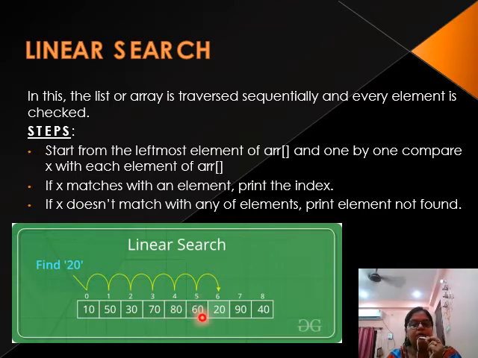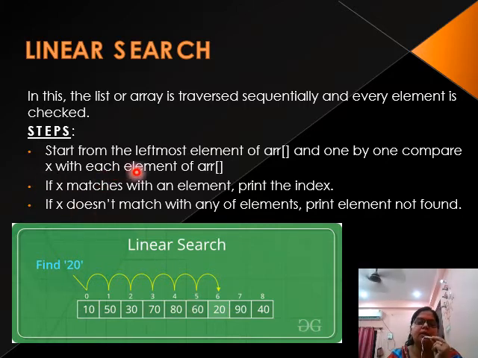At the fifth it is 60, it doesn't match. And at the sixth it is 20. So the number 20 matches; we have found 20 at the sixth index. We found it by searching line by line, one by one. This type of searching is known as linear search.